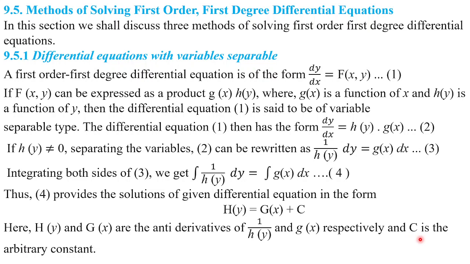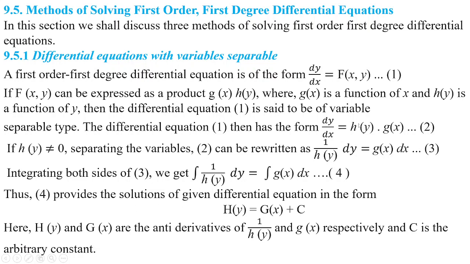And finally, capital letter C denotes the constant of integration. So these are the steps to be followed to solve a first order first degree differential equation by using the variables separable method. Okay, my children, remember these steps.